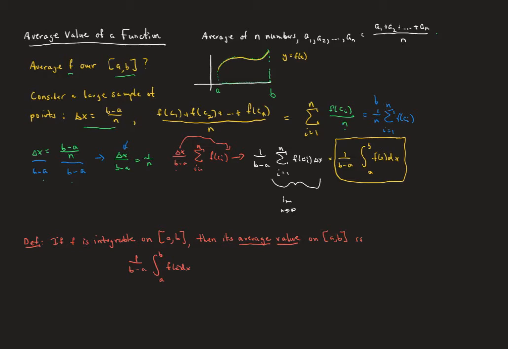So that's known as the average value. Now, if f is integrable on the closed interval from a to b, looking down at the definition here, then we say its average value is given by what we just set up there. So there's our formal declaration of that.